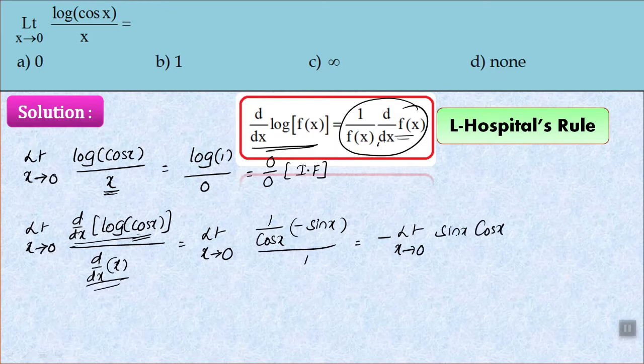Now substituting the limit, this equals minus of sin 0, which is 0, into cos 0, which is 1, equals 0. Therefore, the answer is option A.